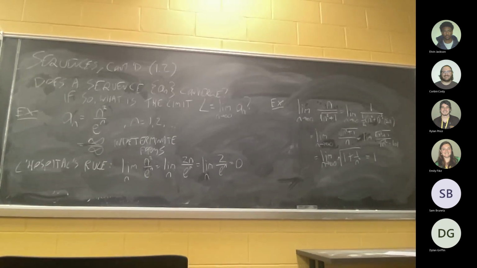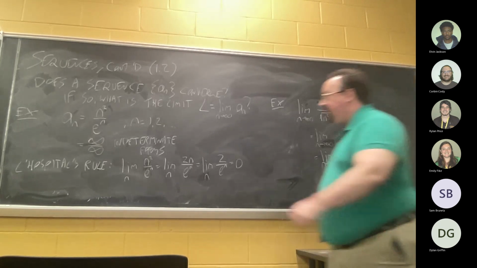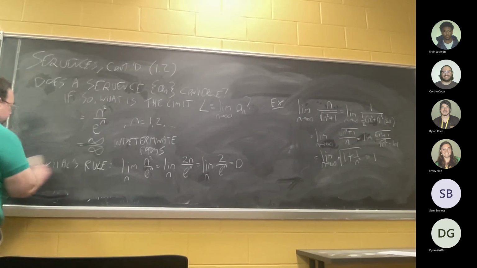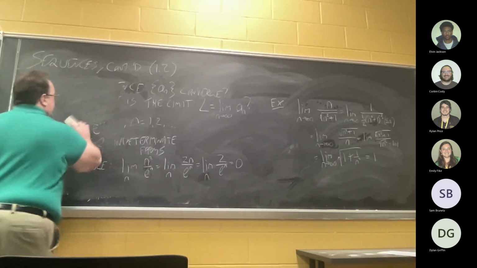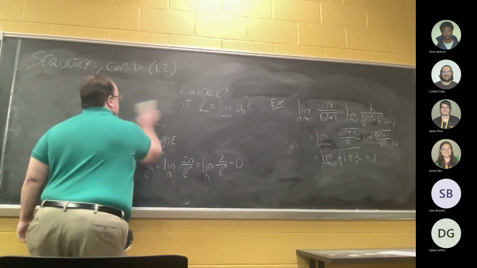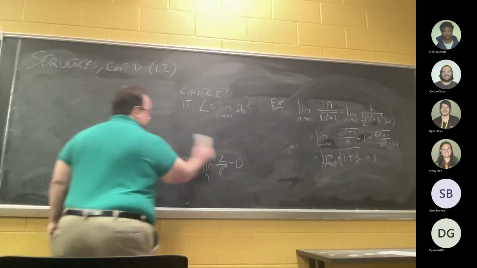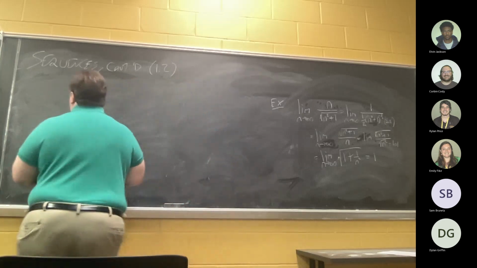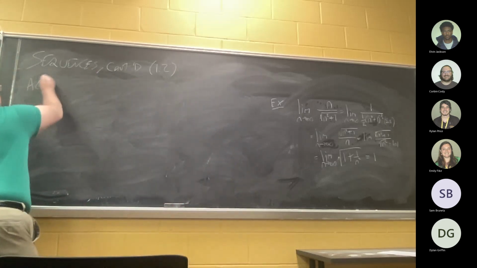So certainly L'Hopital's rule in a number of cases can be helpful. Now let's look at a particular kind of sequence that's going to come up now and then. It gives us another way of determining whether there's a limit. It's called an alternating sequence.